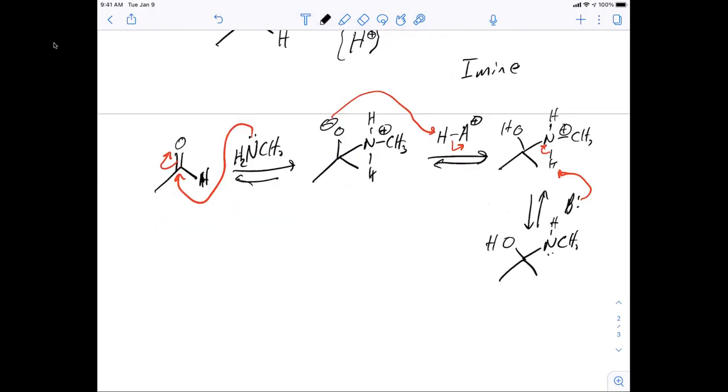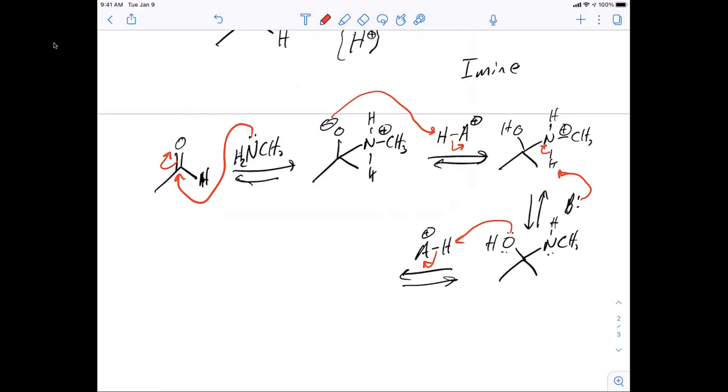Then we get to this species here. We need to do another proton transfer. So I'm going to bring in the generic acid again. This time we're going to protonate that oxygen. If we had protonated the nitrogen, we just would have gone backwards.